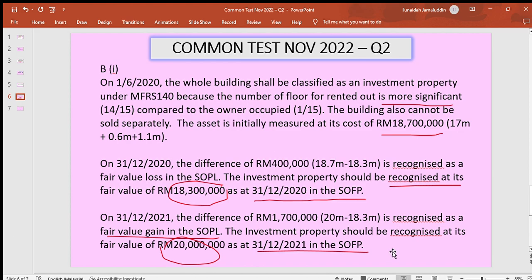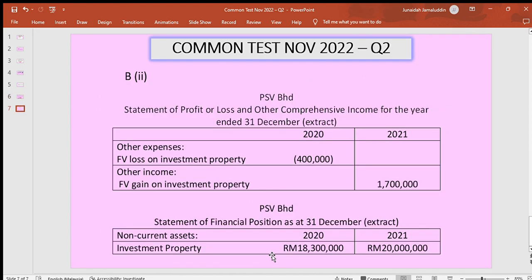And in the SOPI we have to disclose the investment property at its fair value, as at 31st December 2020 as well as at 31st December 2021. So we can prepare the extract for the financial statements like this.